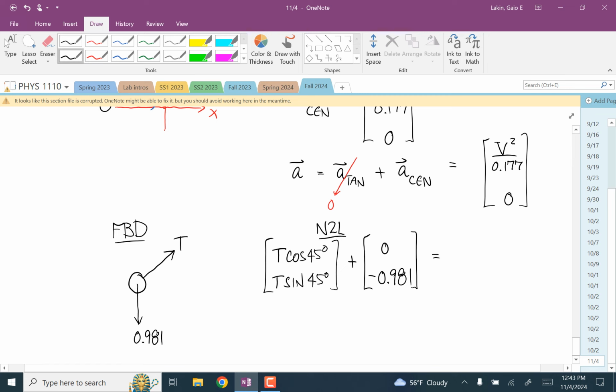And that's equal to the mass of 0.1 times the acceleration that we just figured out, v squared over 0.177, 0 for y.